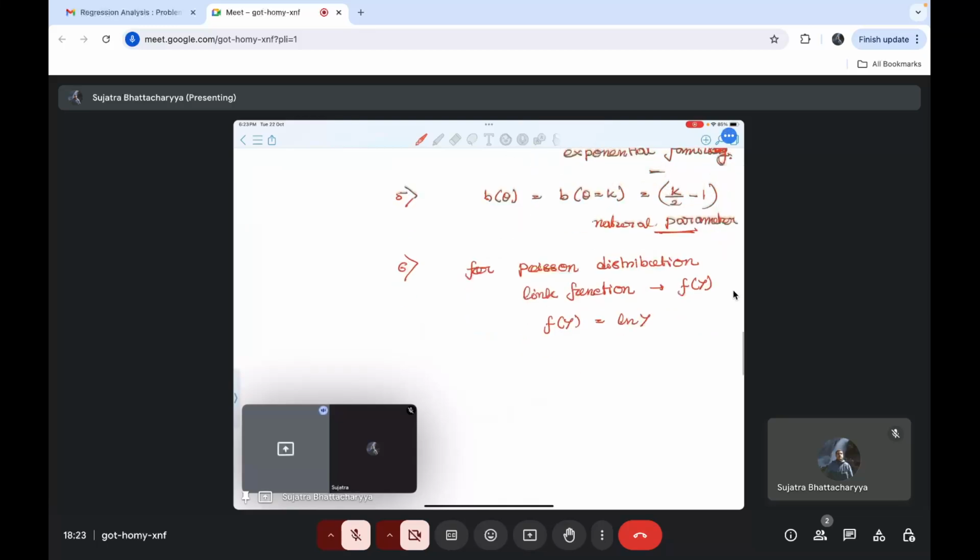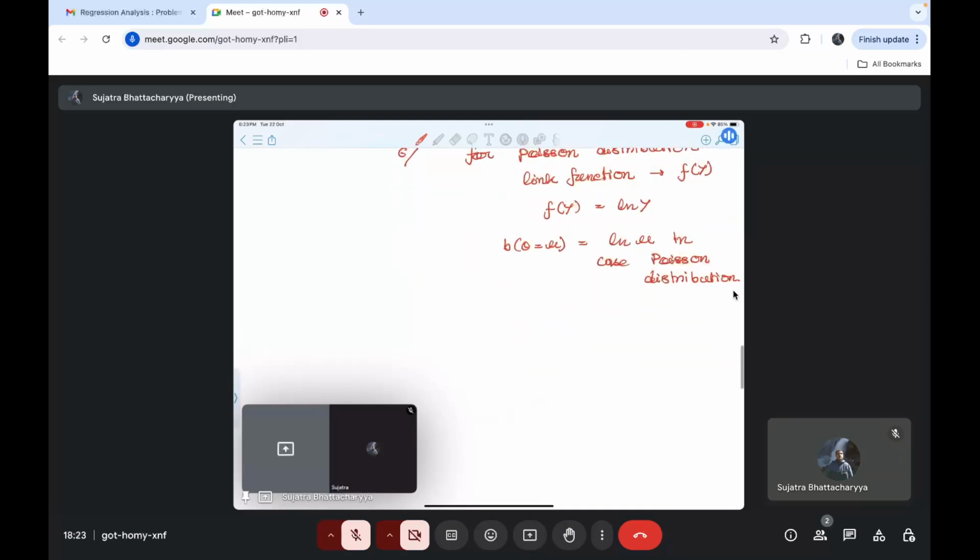Why? This is because if you remember, the natural parameter b of theta, say mu, is log of mu in case of a Poisson variable or Poisson distribution. So this is from the last. Okay. So this is done. Next is the seventh one.